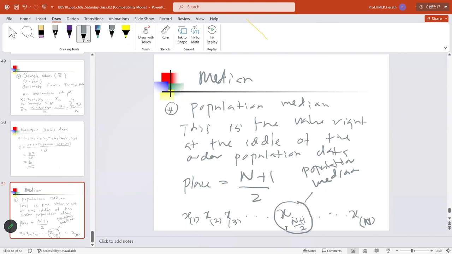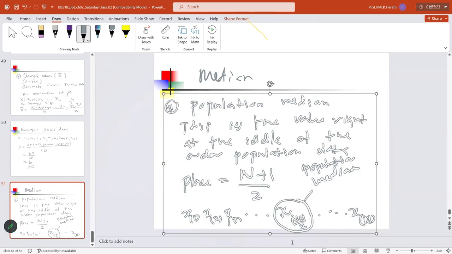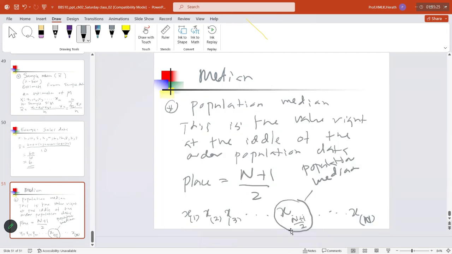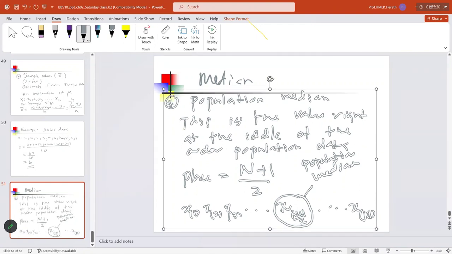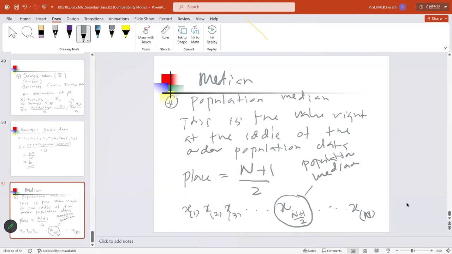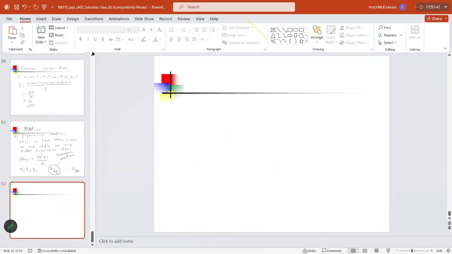So this is the population median. Okay, similarly, we can estimate the sample median.